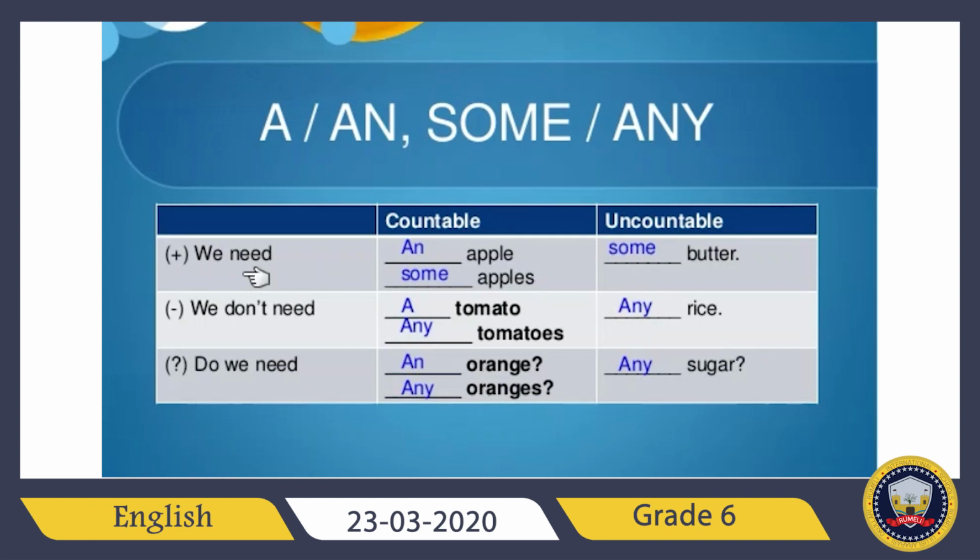In positive sentences, as you see here, we use some for countable nouns and for uncountable nouns. For the negative sentences, we use any, and for the uncountable nouns, we use any too. About the questions, most of the time we bring any, again for both countables and uncountables.